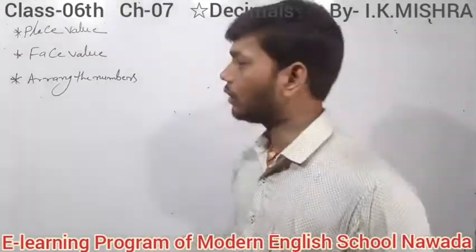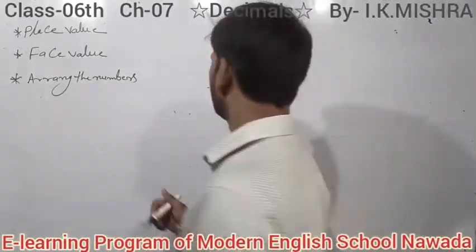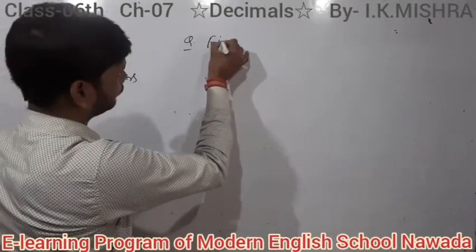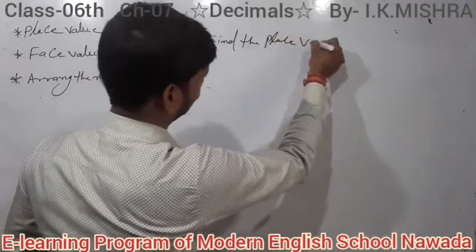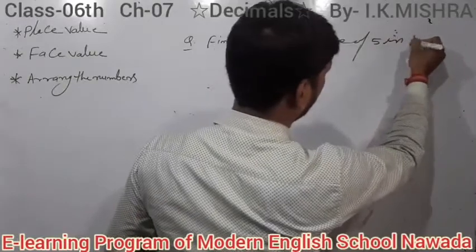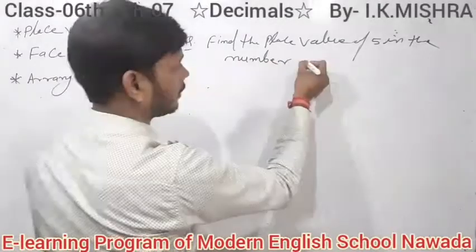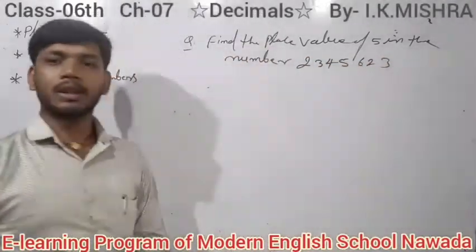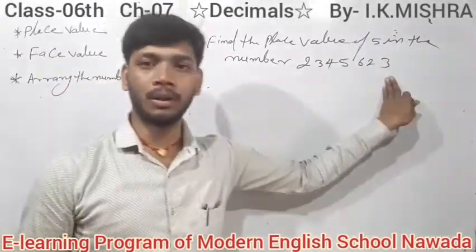Students, now know the place value of any digit in a number. Suppose you have to find the place value of 5 in the given number.